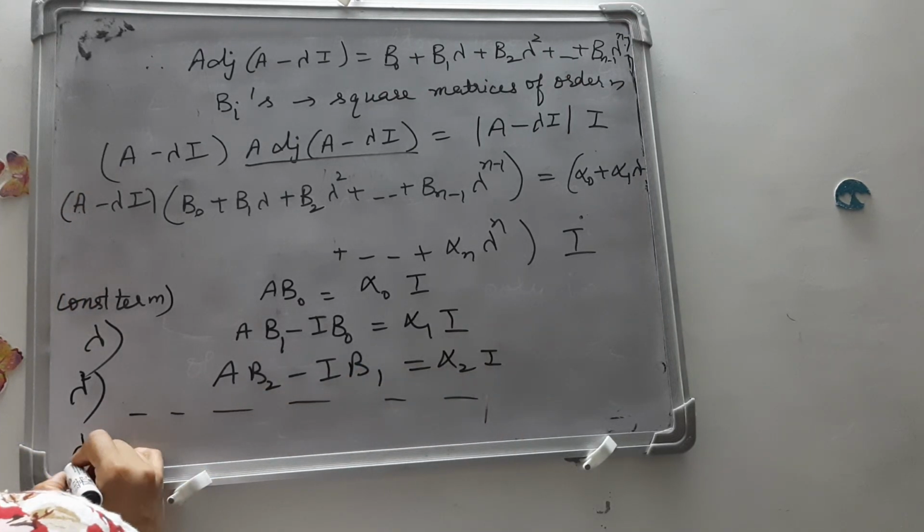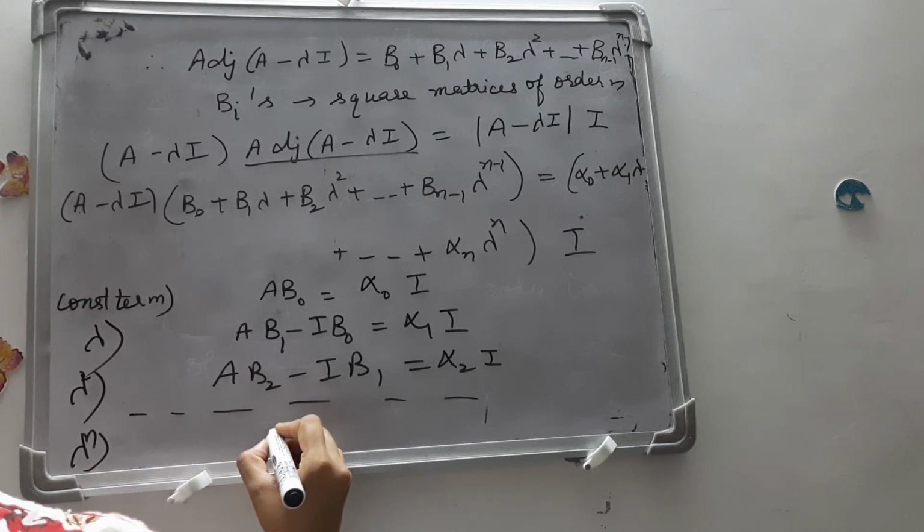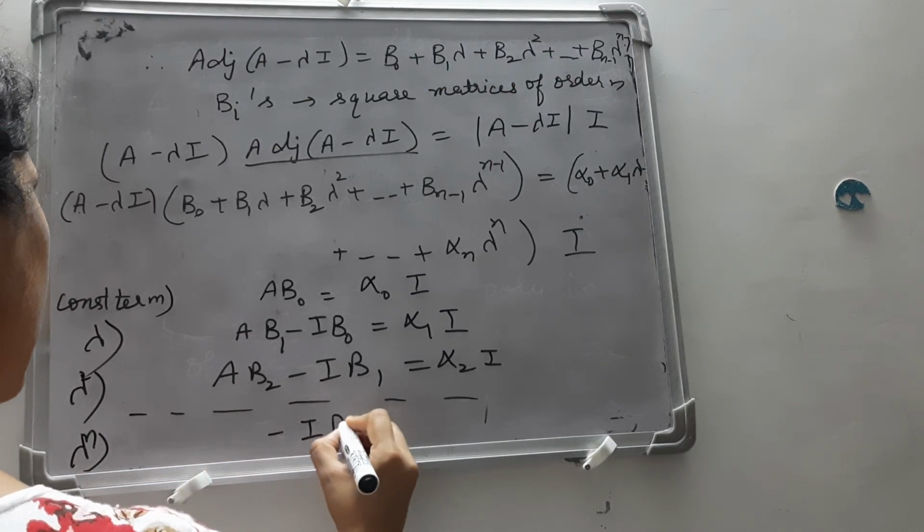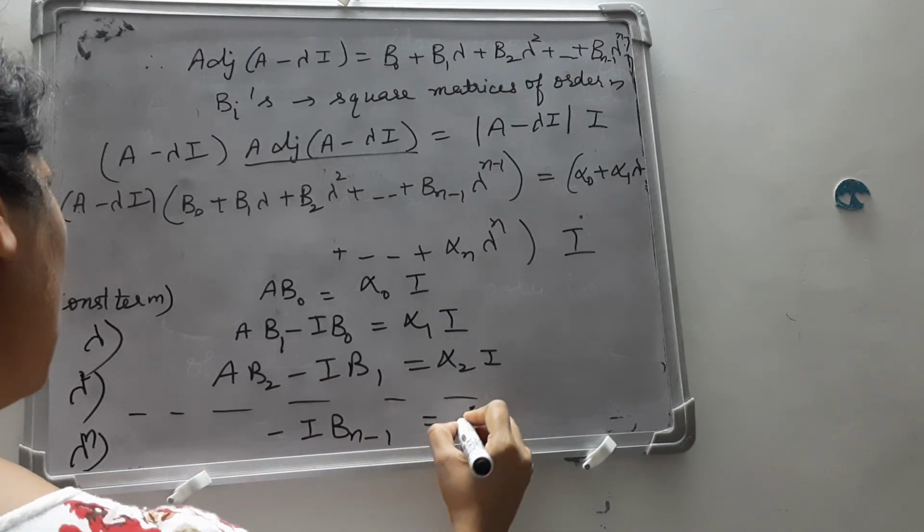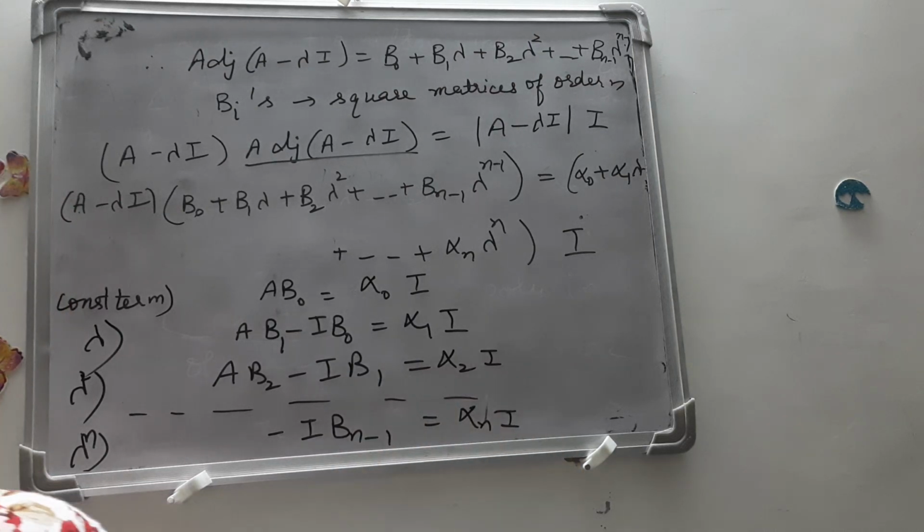For the coefficient of lambda power n, this is minus Bn minus 1 equals alpha n I.